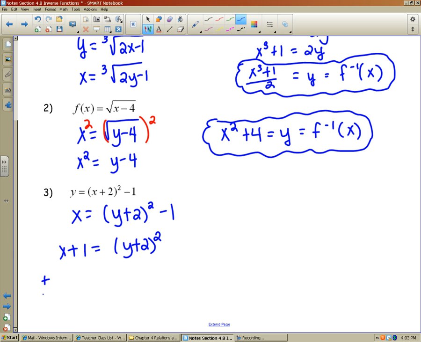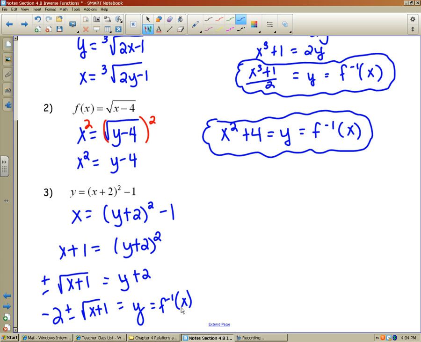Take the square root. Remember, when we take the square root, we use both the positive and negative, and then subtract the 2. Inverse function notation. Except there's one problem here.